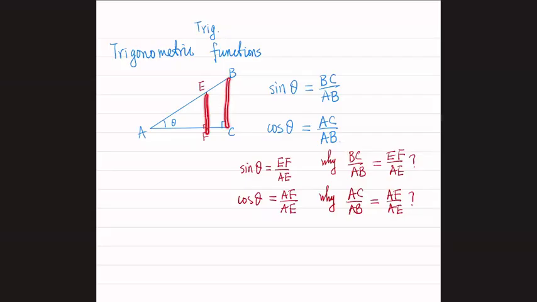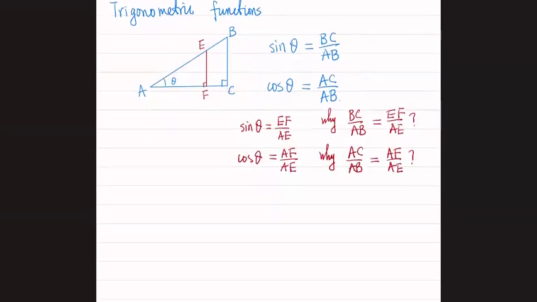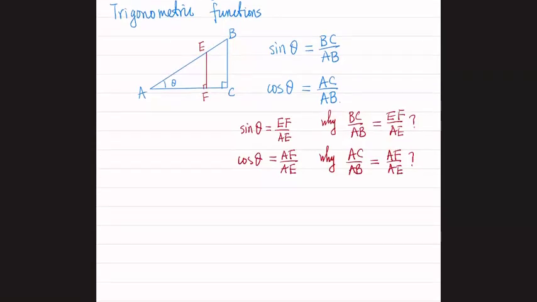The two lines are parallel, the two triangles are similar. They are similar, the corresponding ratios are the same. Okay, so the key step is to observe that EF is parallel to BC. This implies the two identities.